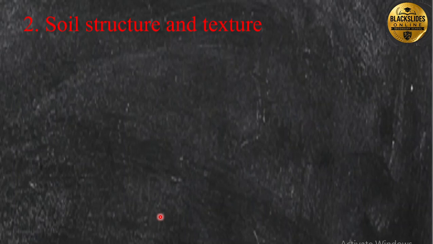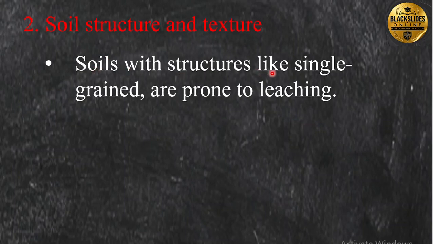Another factor that determines the nutrient status of a soil is soil structure and texture. Okay? Soils with structures like single-grained, like sand in this case, are prone to leaching. Remember that leaching is the washing away of mineral salts or nutrients by water, rainwater.